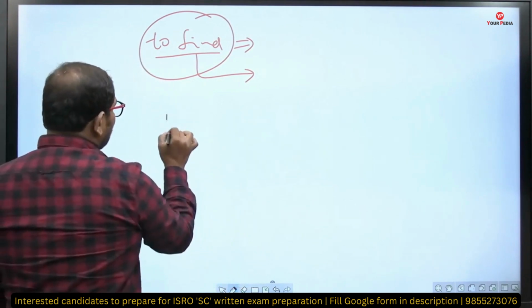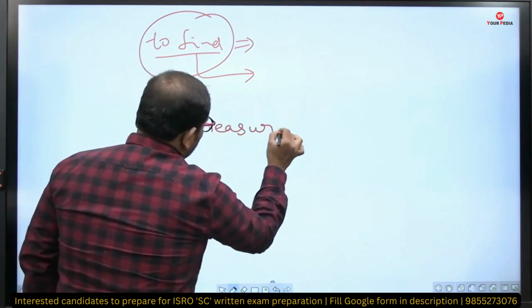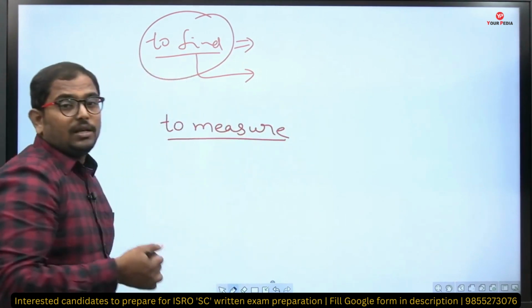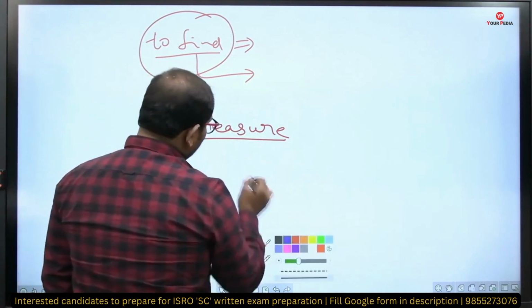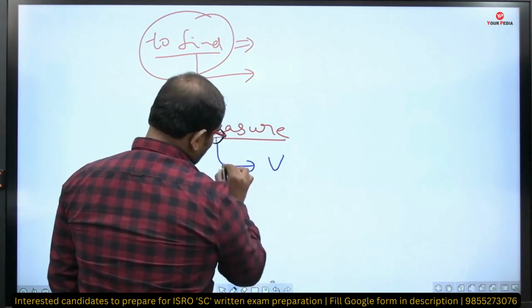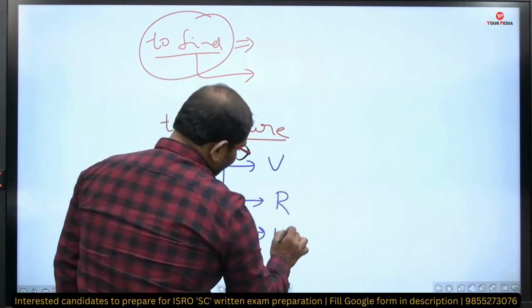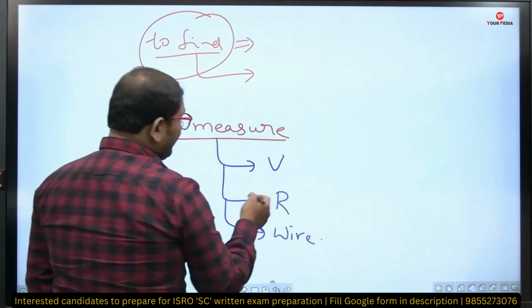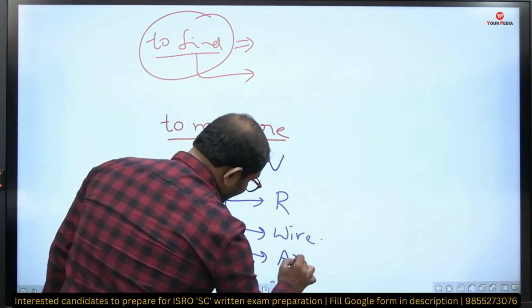But suppose this is a new question, to measure the current flowing through a wire. What are the things you require? The things required are a voltage source, a resistor and a wire. Along with this, one more important thing, that is an ammeter.